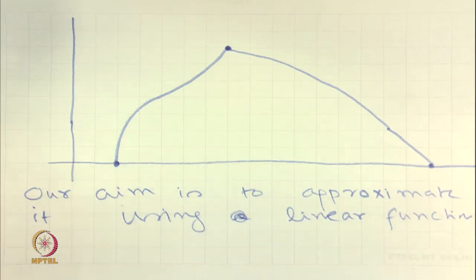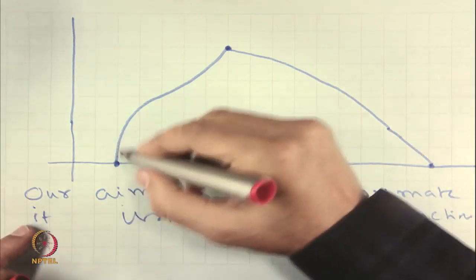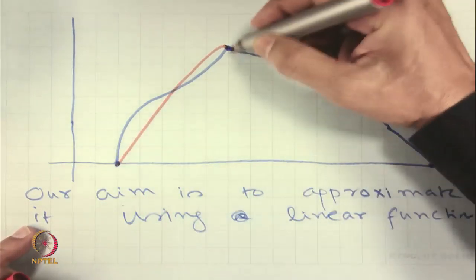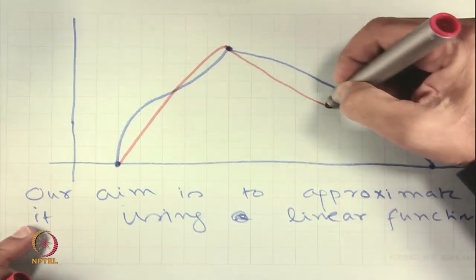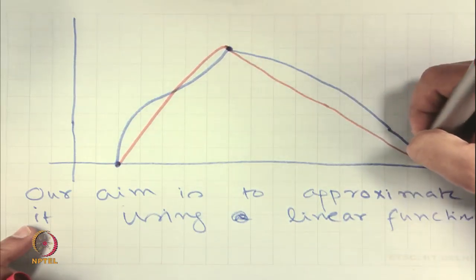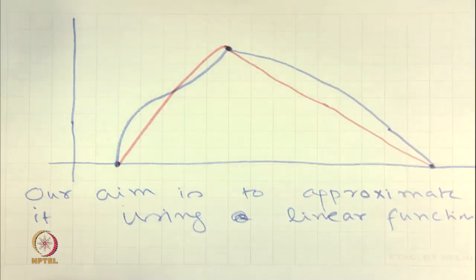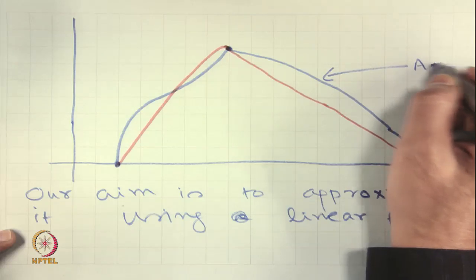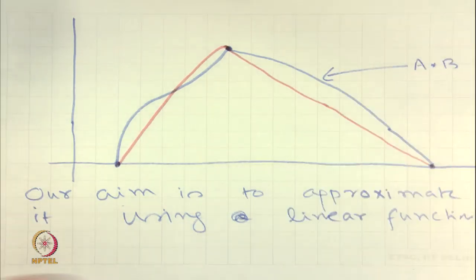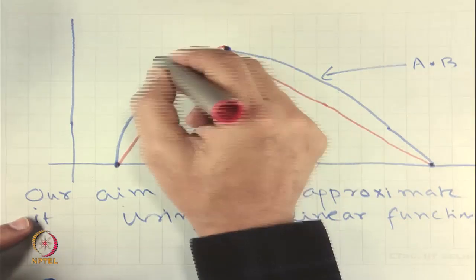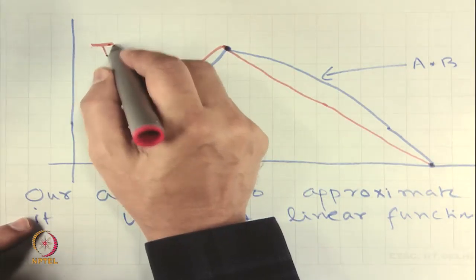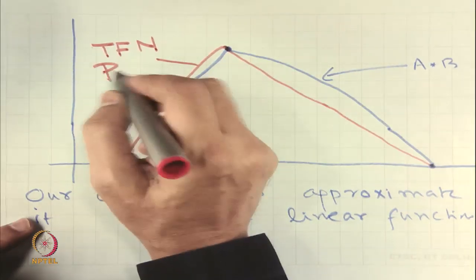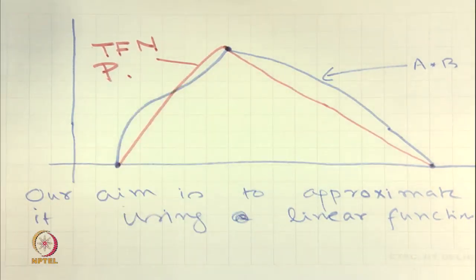That is, we are trying to have lines like this so that the fuzzy number A star B is approximated by the TFN, let us call it P. How to do that?